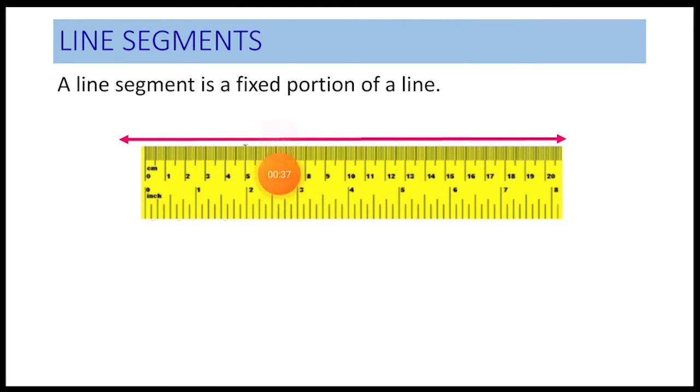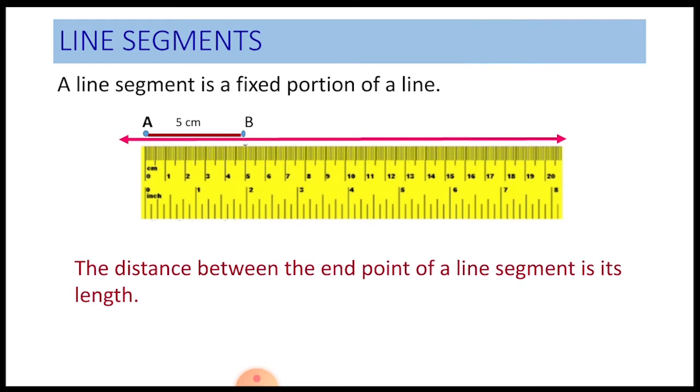So you can see here that if we take a starting point as A, that starts just above the zero reading of this ruler, and the ending point as the B point, which is marked above the reading 5. So here we can say that we have a fixed portion of 5 centimeter. So this fixed portion is what? It is a line segment which is a fixed portion of a line.